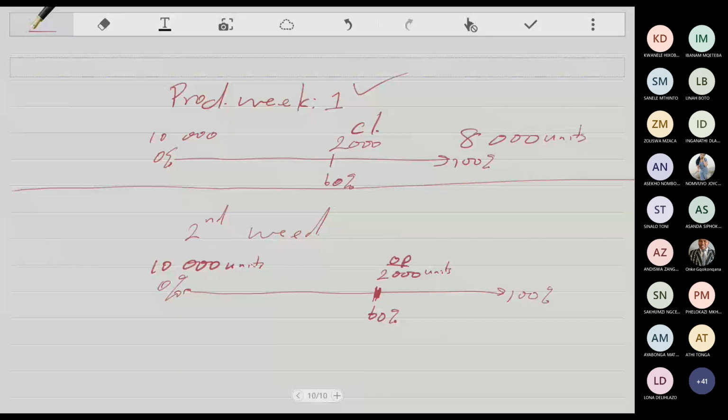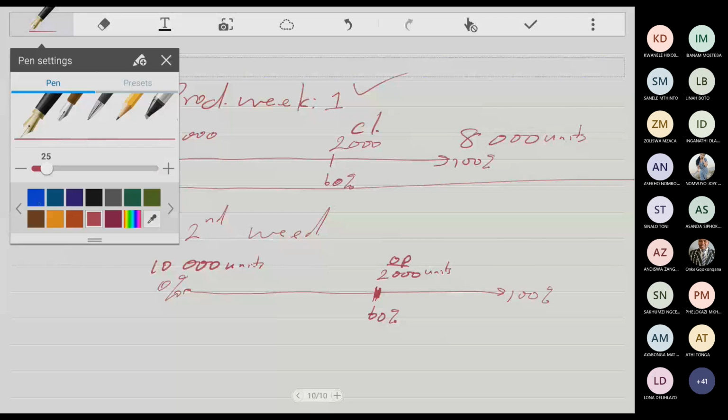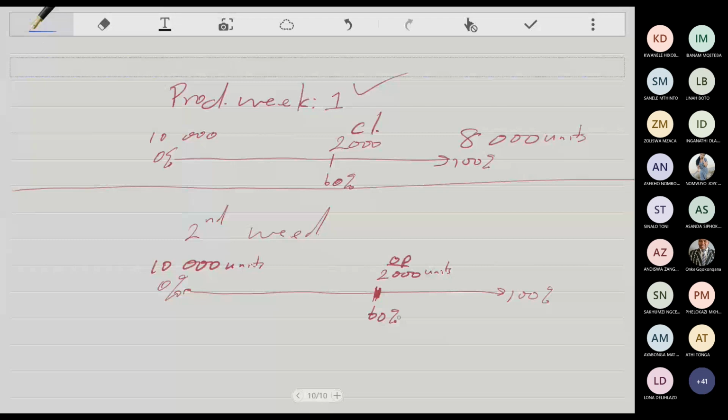I think it's Kwanele. 2,000 or 10,000? 2,000, sir, but I'm not sure. I think it's 2,000 units. Okay, we've got the first suggestion. Don't mind, Kwanele, I'm not going to give you marks for now. So you need not worry about being sure or not sure. But this is what Kwanele is suggesting for us: how about starting with these 2,000 units? Is there any other suggestion?